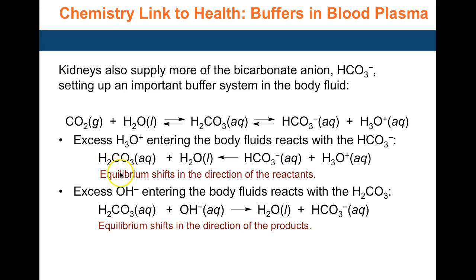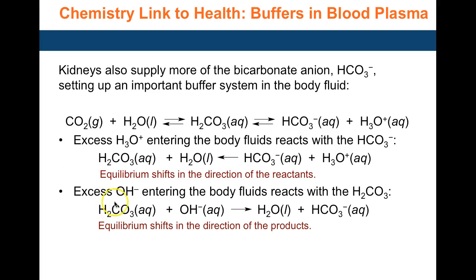So excess acid, then equilibrium shifts in the direction of the reactants, that is towards the formation of carbonic acid, and then all that excess carbon dioxide, because carbonic acid breaks up into carbon dioxide and water, all that excess carbon dioxide can then be eliminated through respiration, or expiration rather.